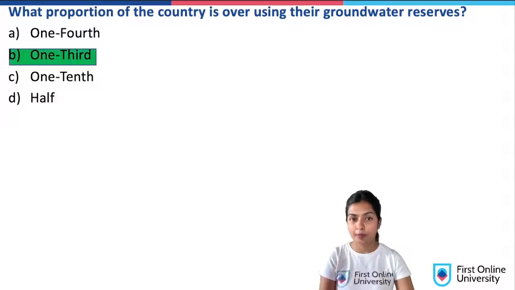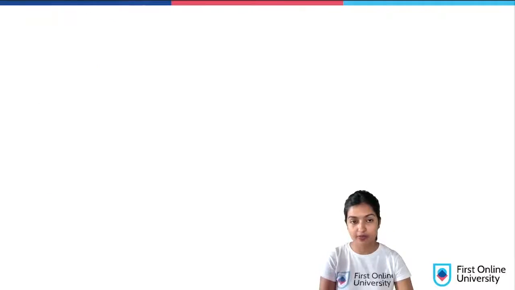The answer is B, one third. So one third of the country is using their groundwater reserves excessively.